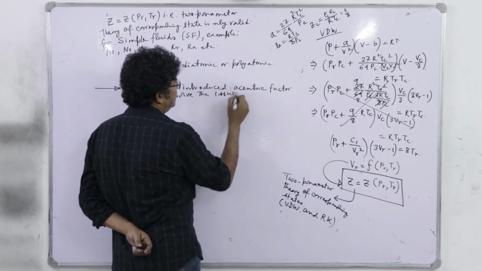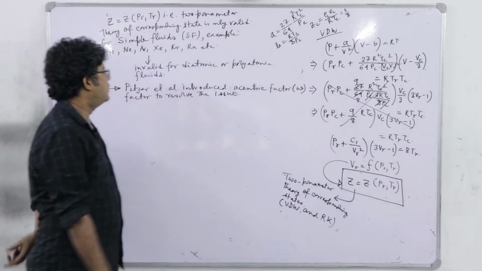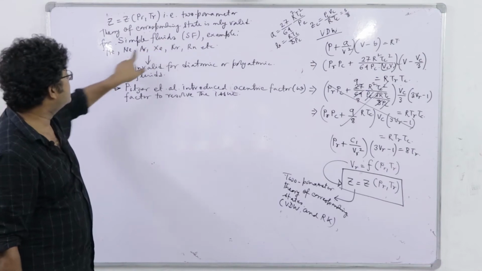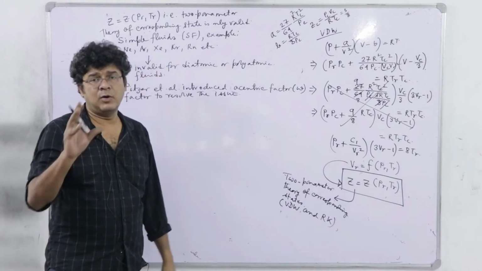So, what is basically the acentric factor? This is represented by omega. You see, we observe that here everything is being satisfied for monoatomic fluid.